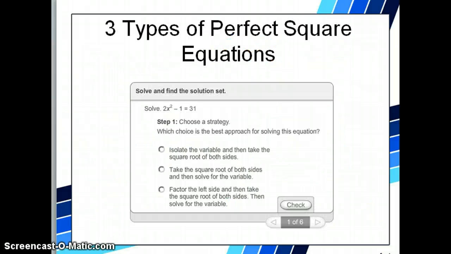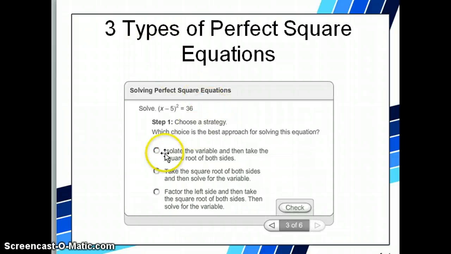Okay, so just to review, we looked at the 3 different strategies that we can choose when we have an equation that just looks like a straight equation. I can't factor anything, and there's no parentheses that have the whole thing squared. That means I just want to get that variable all by itself and then solve with the square root. So the square root will come last.